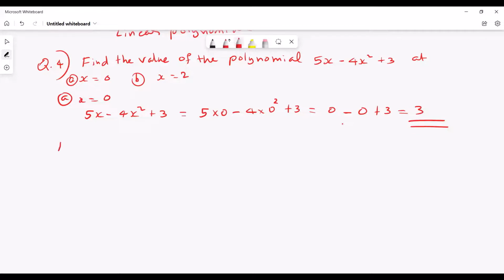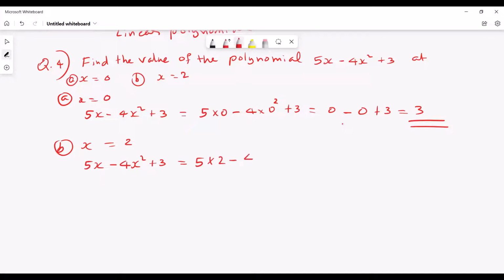Now in B, we have to find the value at x equal to 2. Given is 5x minus 4x square plus 3. We have to insert the value of 2 in place of x. So x we are replacing by 2, so 5 into 2 will come.